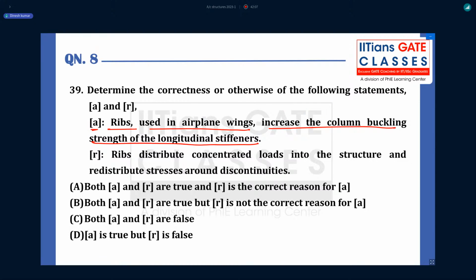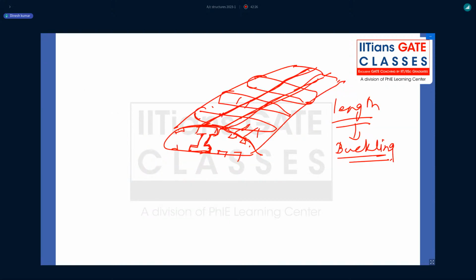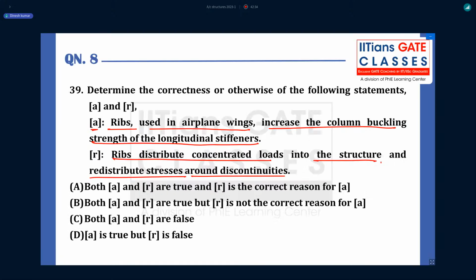By redistributing concentrated loads into the structure and redistributing stresses around discontinuities. Wherever ribs are connected, they redistribute stresses at those discontinuities. So both A and R are true, and R is the reason for A, increasing the buckling strength. Is it clear?